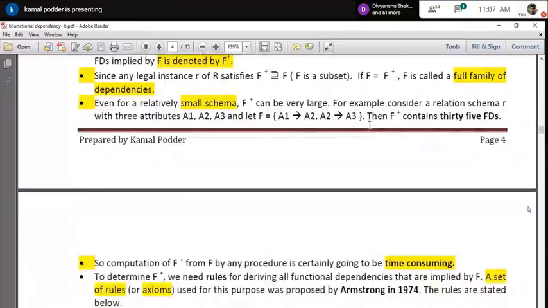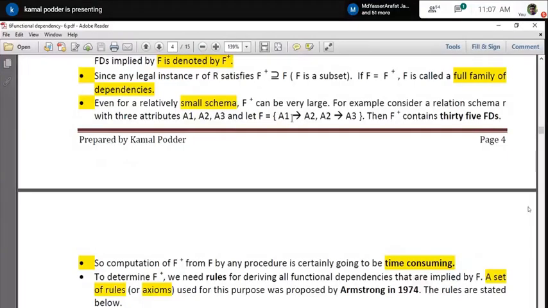Another interesting thing is that even if you start with a very small schema, you'll find that the closure F+ might be very large. For example, I have not shown you all the possible FDs here because it would be a long list, so I deleted it. I have 3 attributes A1, A2, A3 in a particular relation.